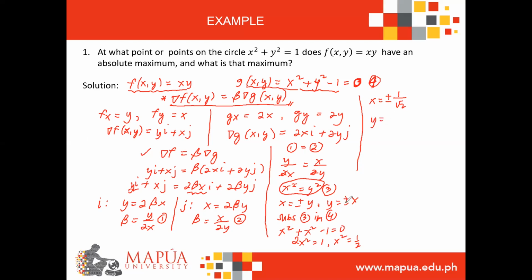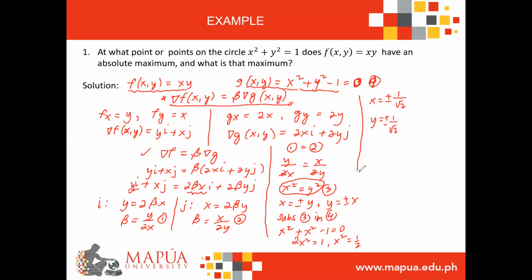Suppose now when x equals positive 1 over square root of 2, your y will also be positive 1 over square root of 2. If x equals negative 1 over square root of 2, then we can now have y as negative 1 over square root of 2. So we can have that.